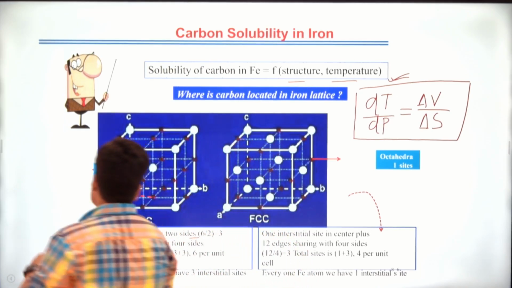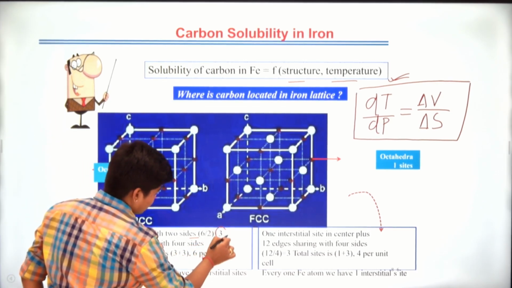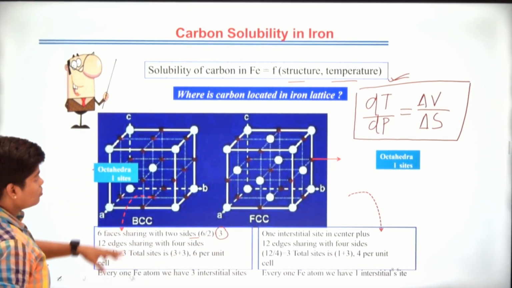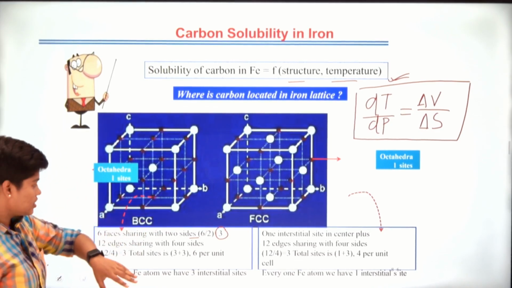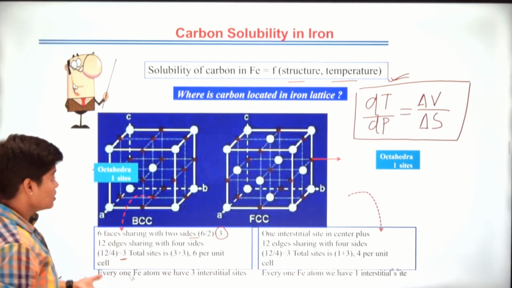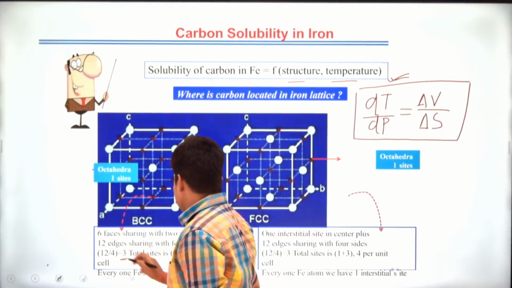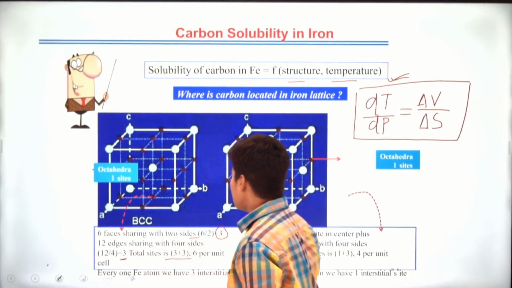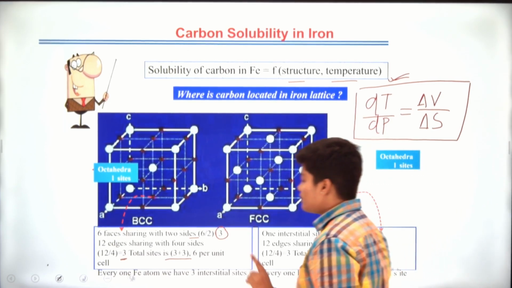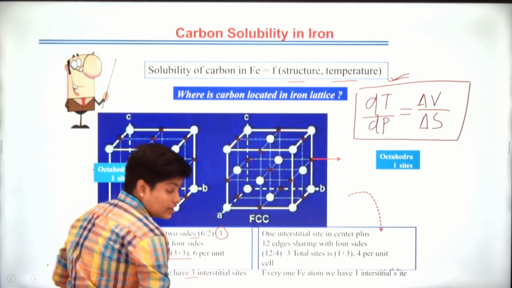Similarly, the 6 faces shared by 2 gives 6 by 2, which is 3, and the 12 edges shared by 4 gives 12 by 4, which is 3. The total sites available for carbon is 3 plus 3, which is 6. So for every Fe atom we have 3 interstitial sites for carbon.